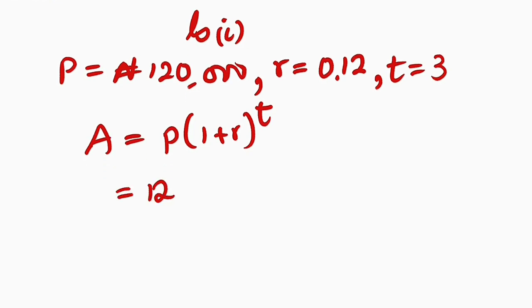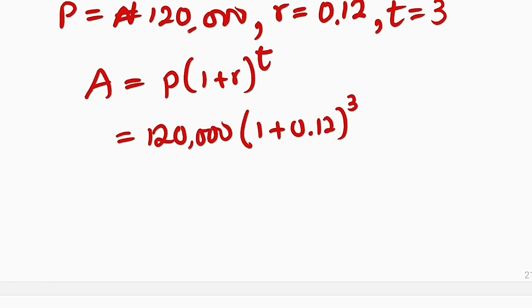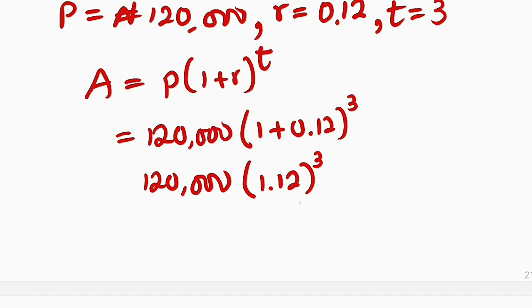This is equal to 120,000, 1 plus 0.12 to the power of 3. This is 120,000 multiplied by 1.12 if you add the two together, raised to the power of 3. So now you should use your calculator to take 1.12, raise it to the power of 3.